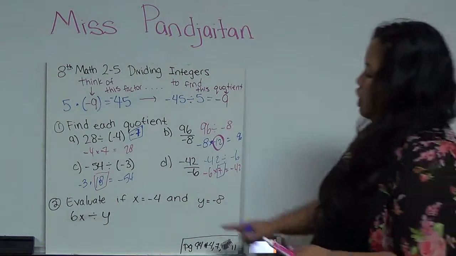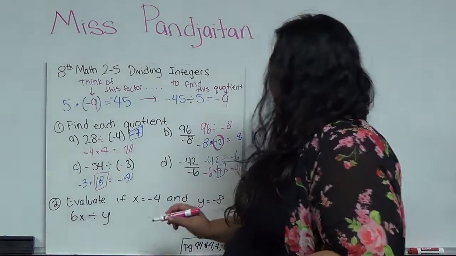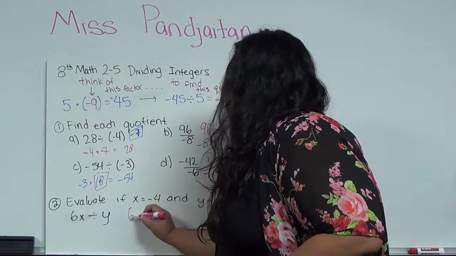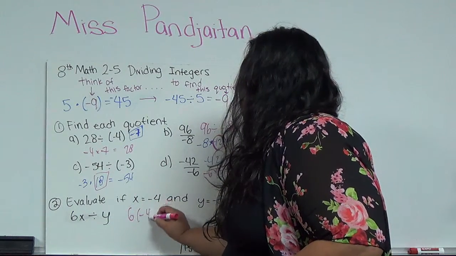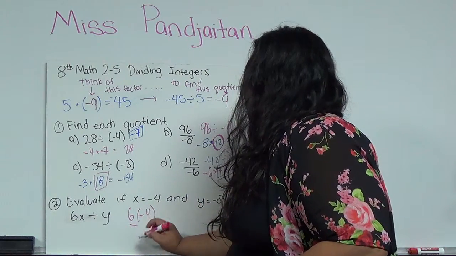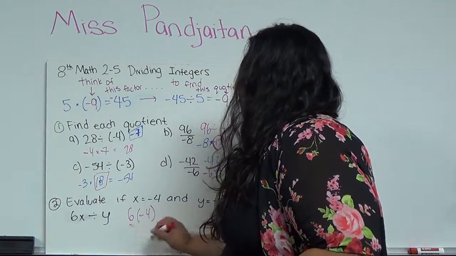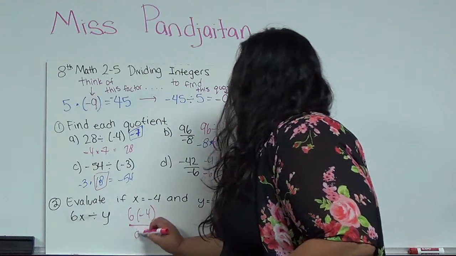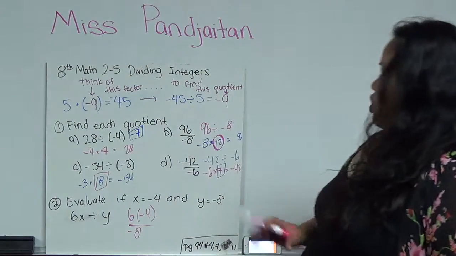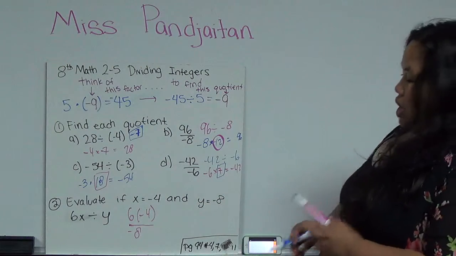Right? So the last one here, 6x divided by y. So 6 times x, which is negative 4, okay, divided by y, which is 8. So I can do a divided sign, negative 8, or I can do this division sign. Either way, they mean the same thing.